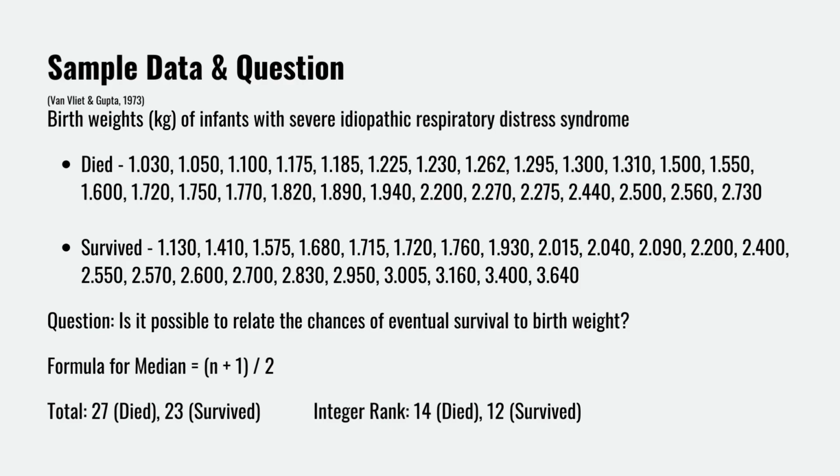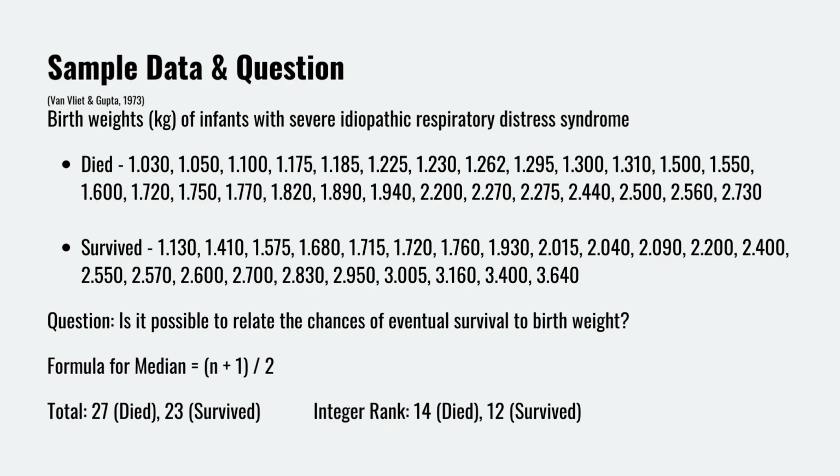So, in this case, let's count the number of values in each dataset. We got 27 for the infants that died and 23 for the infants that survived. Then we should replace the n using these values, as n stands for the total number of values in a dataset.